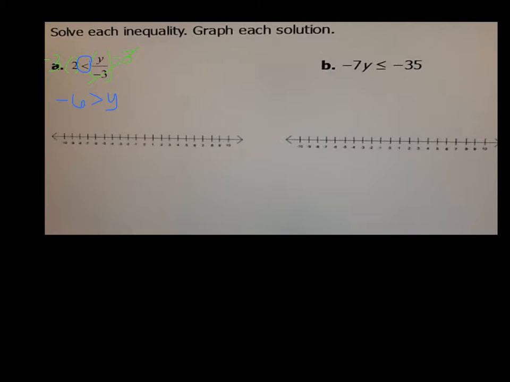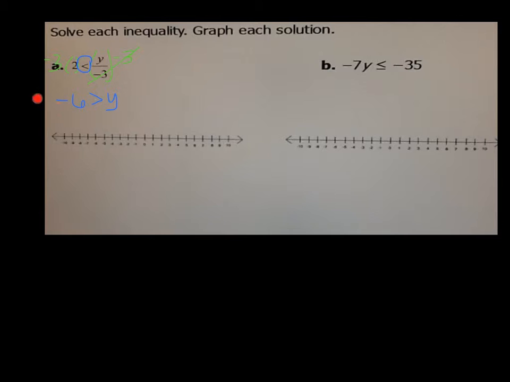Okay? So the rule I just reviewed on the last slide, that if you multiply or divide by a negative number, like we did here, we multiplied by negative 3, you have to remember to reverse your inequality. And I gave you guys this suggestion today that if you are multiplying by a negative, circle your inequality so that you remember to flip it. Okay?